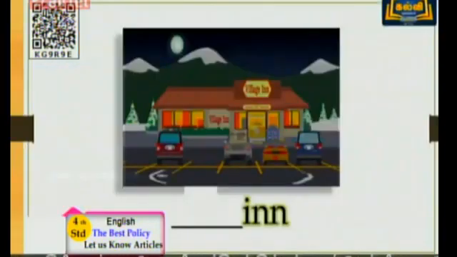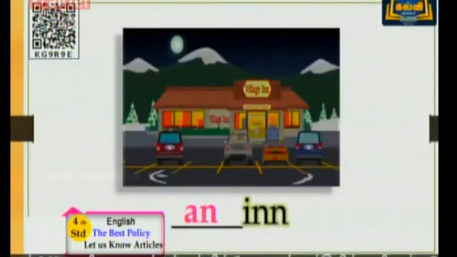Coming to the next picture, this is an inn. In a small hotel, mother in. You just see the spelling and just see the sound of the spelling. I-N-N. So which article should you use? Whether A or an? Yes, it is obviously understood. An inn.